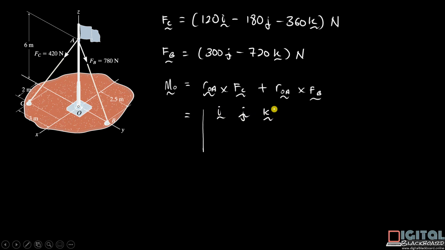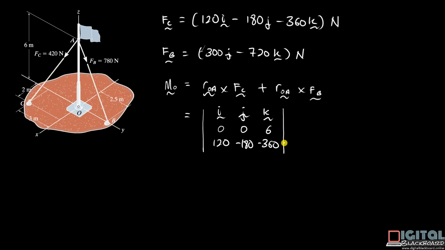Now the position vector ROA actually is just 6k, right? So there's no x and y components, but there's a positive 6 z component, and this force FC is 120, minus 180, minus 360. So just put it down here, negative.